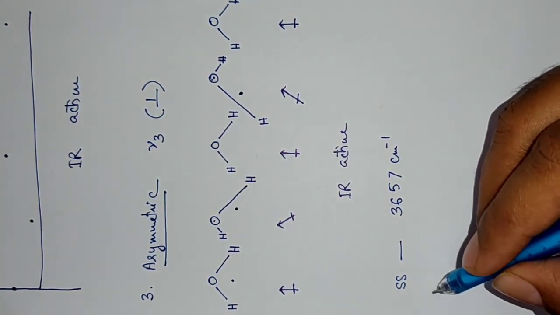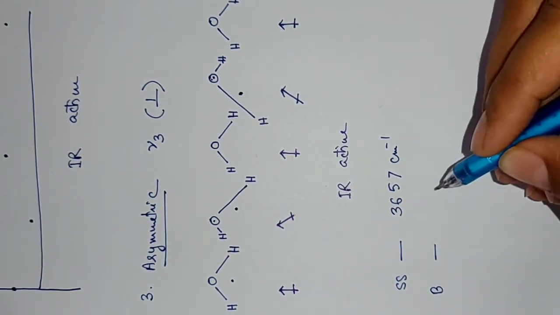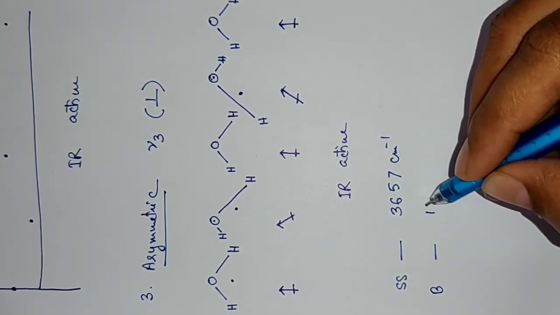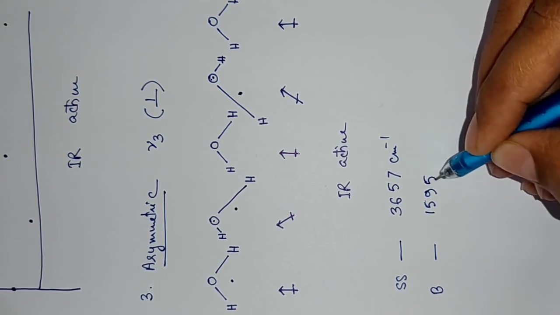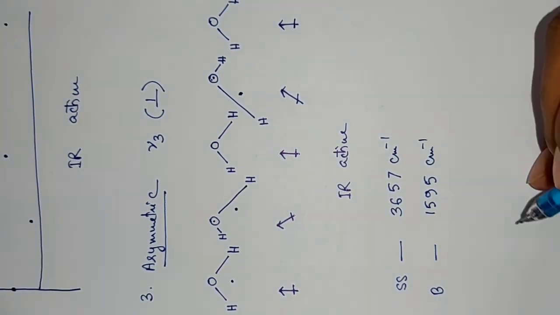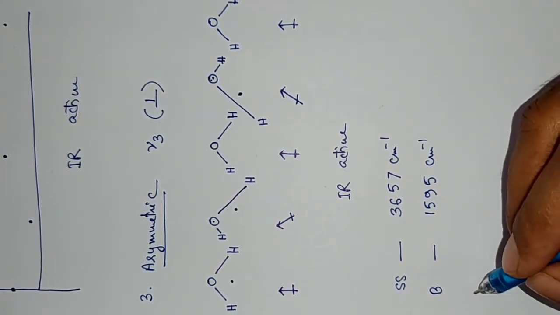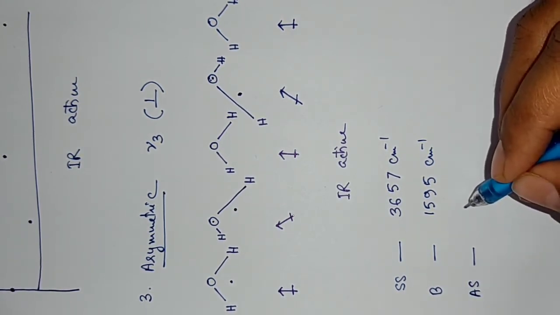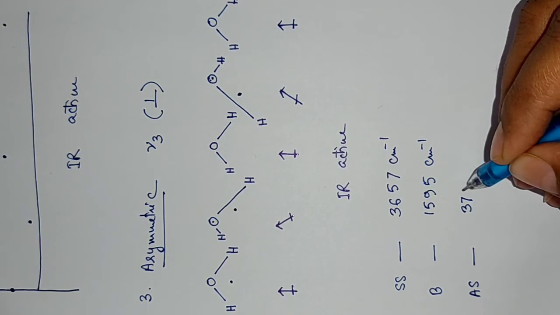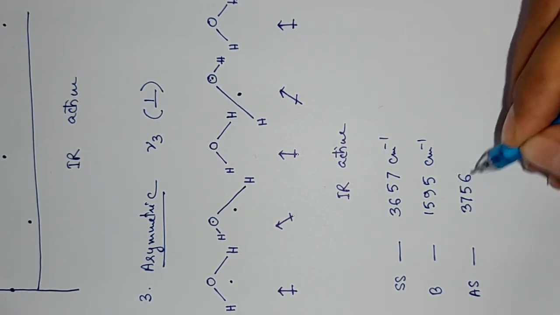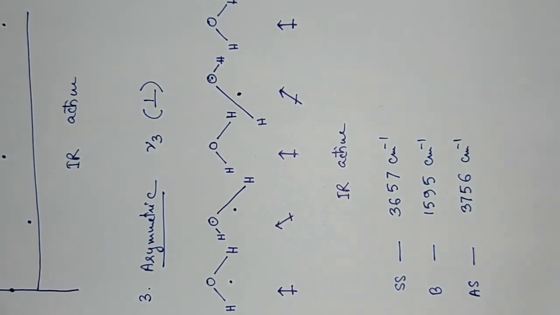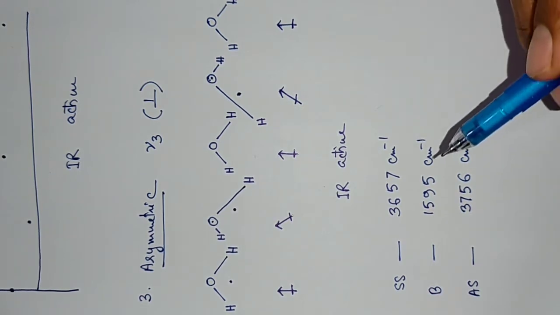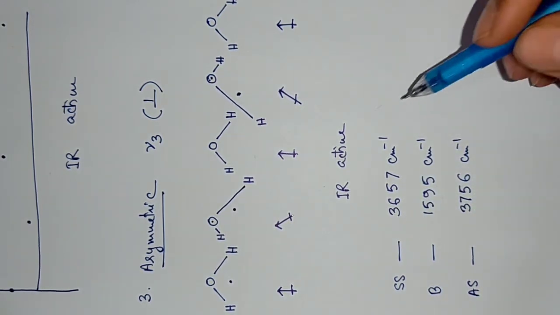The bending mode appears around 1595 centimeter inverse. And the antisymmetric stretching appears around 3756 centimeter inverse. So these are the positions of the three vibrational modes in infrared spectroscopy.